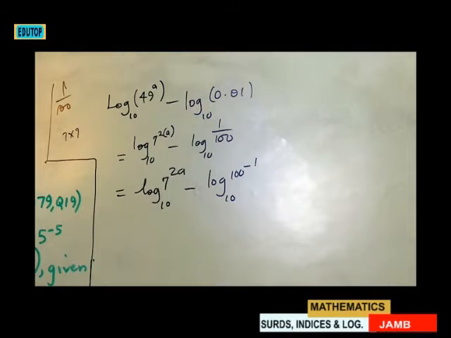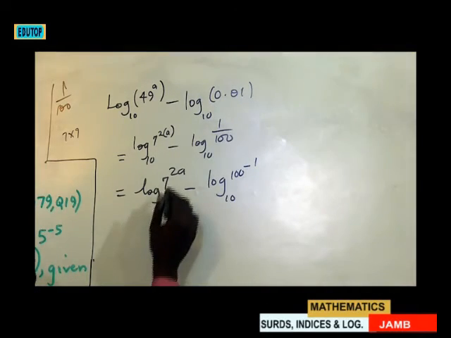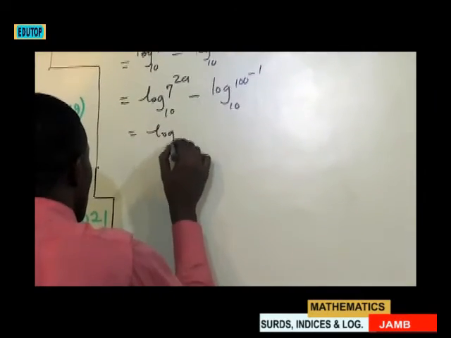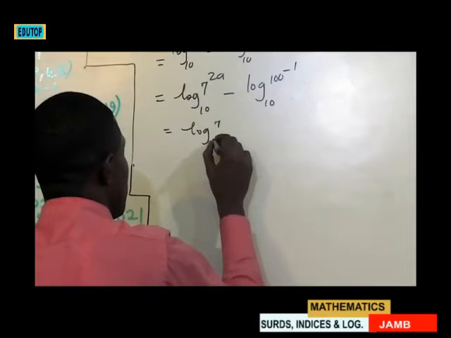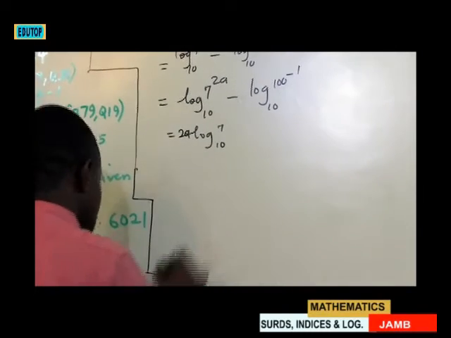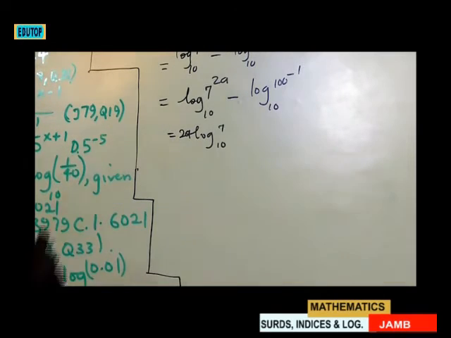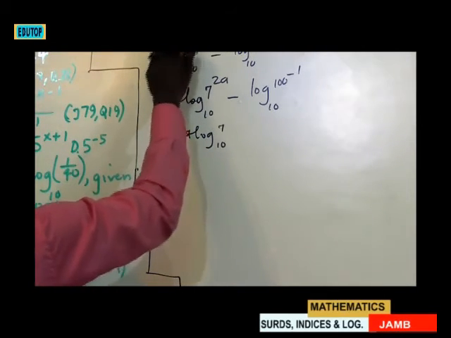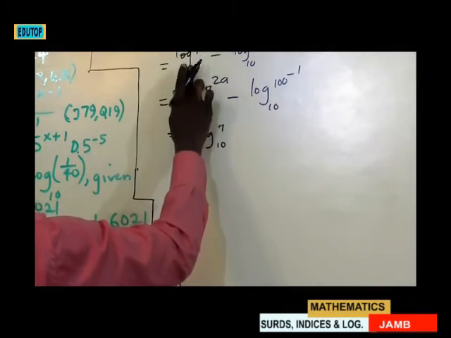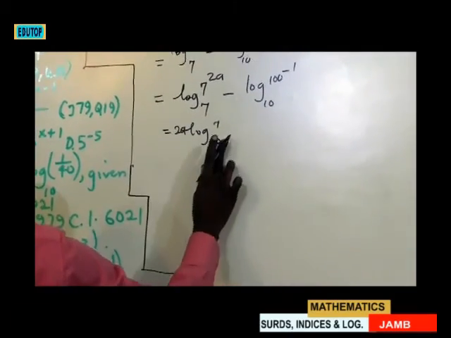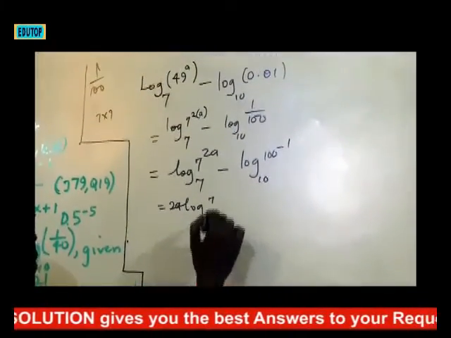Then the next thing we have to do is to write 16 this way, log 7 of 2a. It should be noted, this is not base 10, it's base 7. This is base 7, this is also base 7.